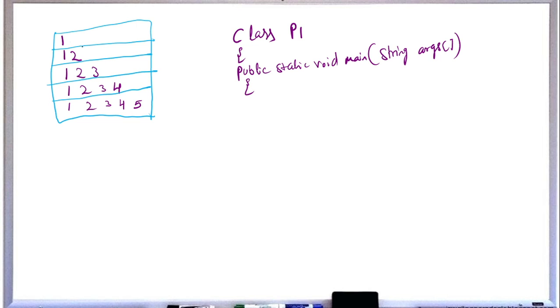And in case of columns, 1, 2, 3, 4, 5. There are 5 rows and 5 columns. So first we number them, that is the best way. 1, 2, 3, 4, 5 rows and 1, 2, 3, 4, 5 columns.